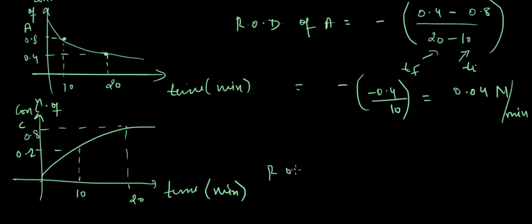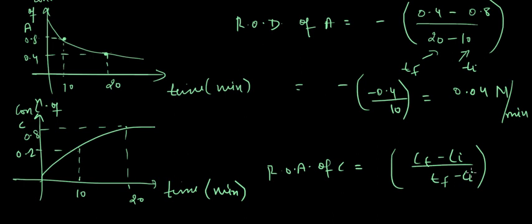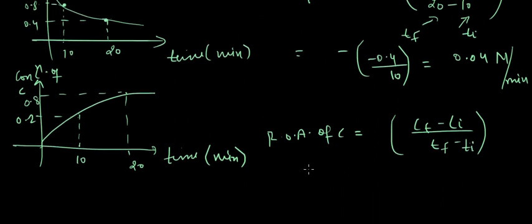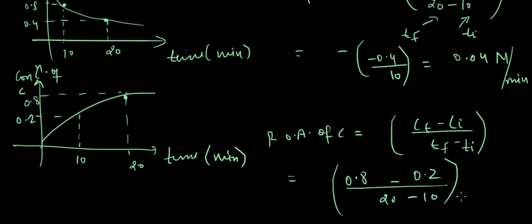So rate of appearance of C can be written as Cf minus Ci upon Tf minus Ti. So we can write that Cf was 0.8 and Ci was 0.2 and Tf was 20 and Ti was 10. So it would be 0.06 molarity per minute. Okay.